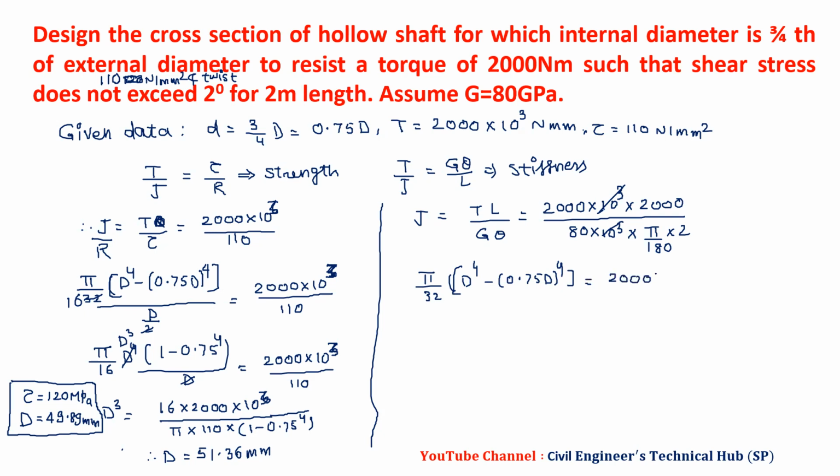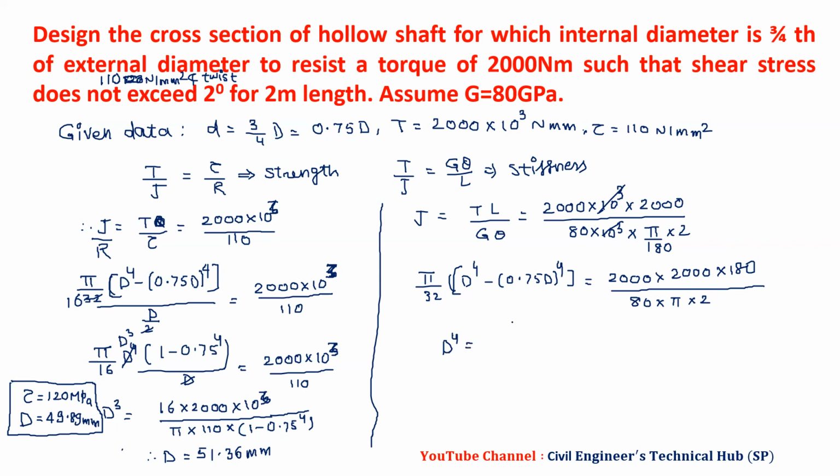So 2000 into 2000 into 180 divided by 80 into pi into 2. And then from this you calculate D to the power 4 equal to, this 32 will go up.